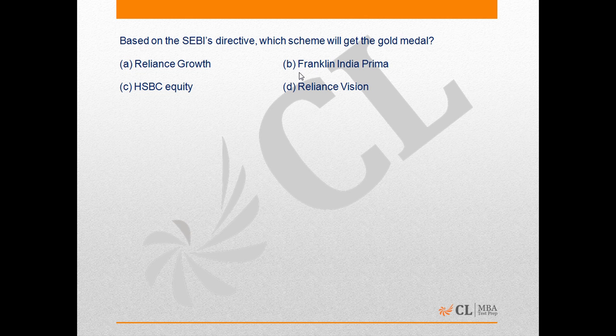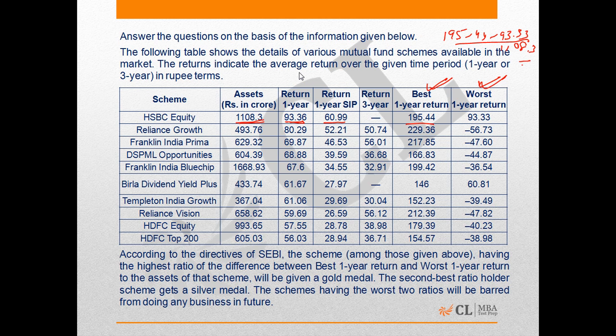In the next question it is asking which scheme will get the gold medal. If we have a look at the table, we realize that the maximum possible value of the difference of best 1 year return and worst 1 year return is for Reliance Growth, and it is around 288.